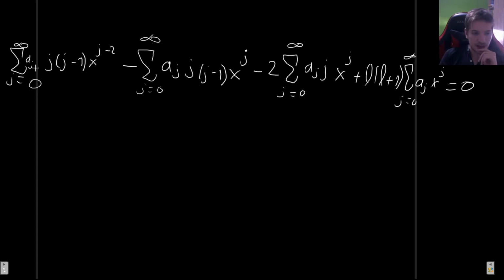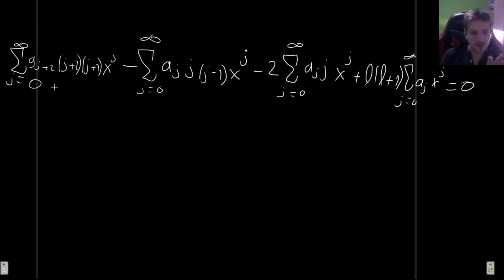So it starts at 0, but to compensate, all of these terms become j plus 2. So we have a_(j+2) times (j+2)(j+1) x to the jth power.